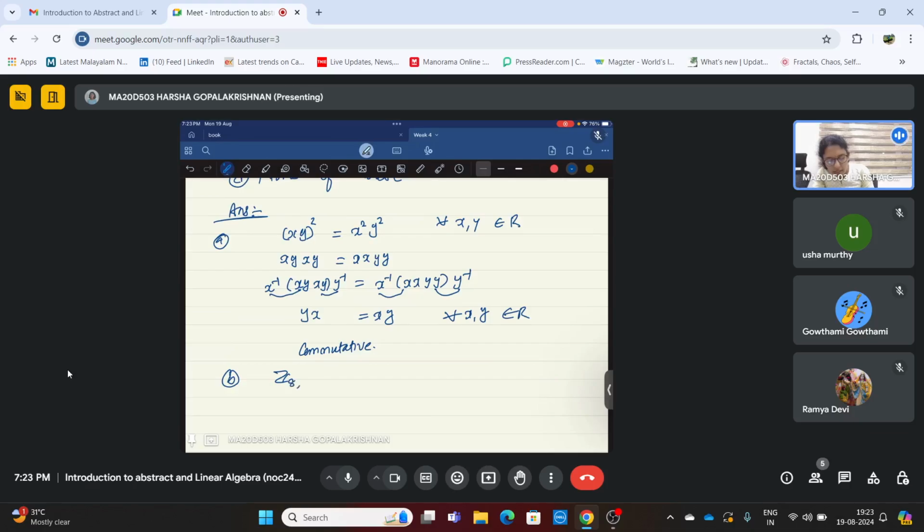I am taking Z8 under addition modulo 8, multiplication modulo 8. This is obviously a ring, right? We have addition operation, multiplication operation. Multiplication is commutative also.